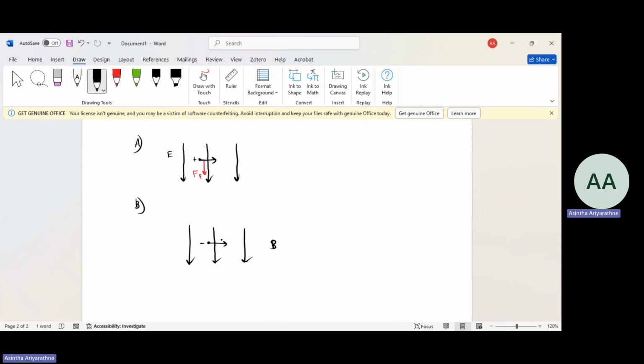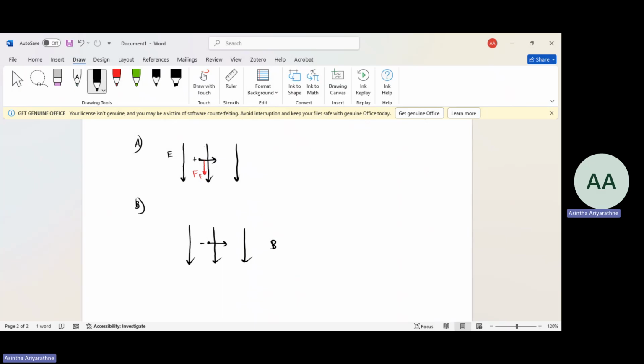The negatively charged particle moving towards the right means the current is moving towards the left. With current towards the left and magnetic field downward, what is the direction of force? Using Fleming's left-hand rule, point the forefinger down and the middle finger towards left.